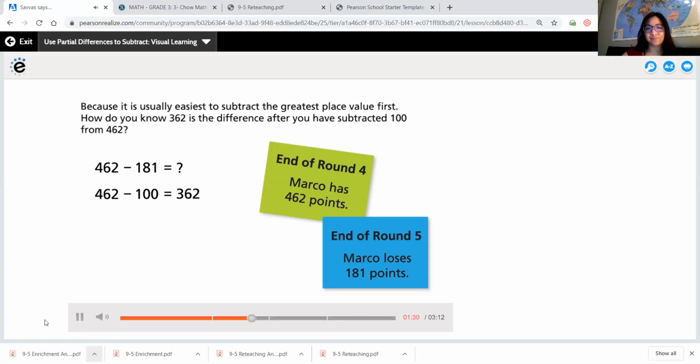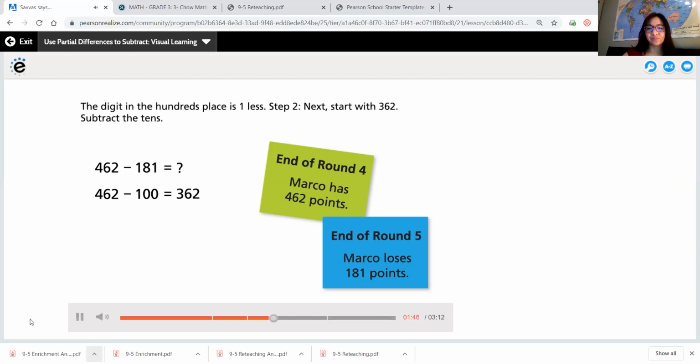Because it is usually easiest to subtract the greatest place value first. How do you know 362 is the difference after you have subtracted 100 from 462? The digit in the hundreds place is 1 less. Step 2. Next, start with 362.